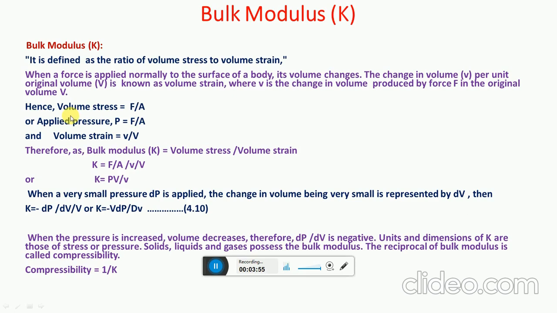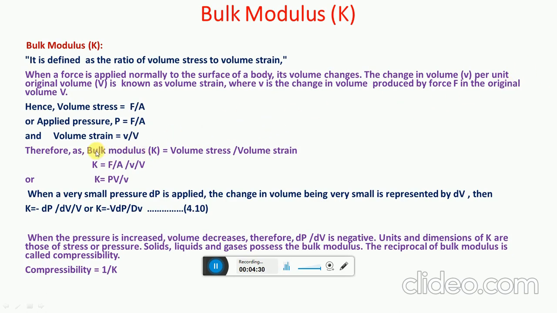Using the definition of volume stress, that is deforming force per unit area, this force is applied in such a way that volume changes. Therefore this is the applied pressure, P is equal to F upon A, and volume strain is equal to small v upon capital V, where small v is the change in volume because of the applied deforming force, and capital V is the original volume.